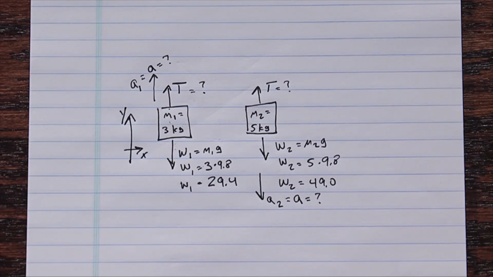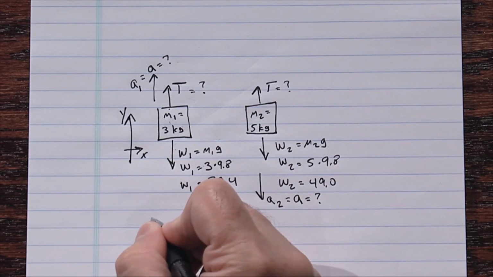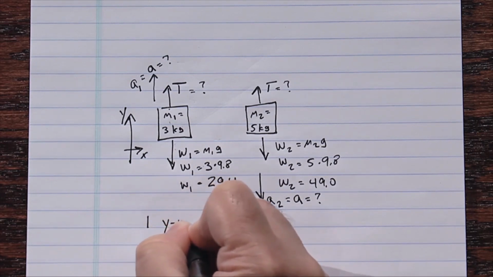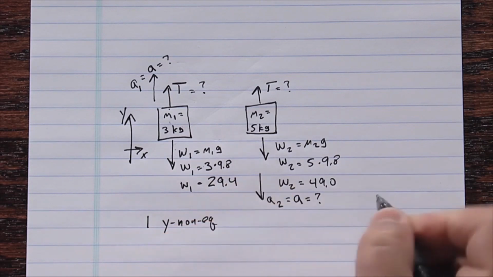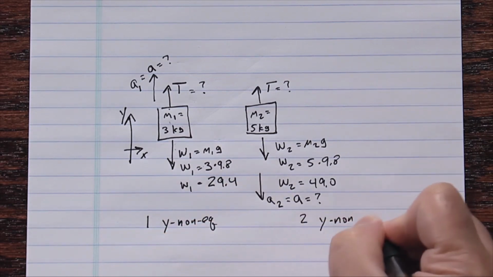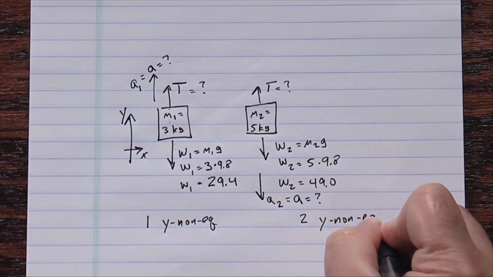The next step is to write out our starting equation, to identify the situation. Since these objects are accelerating, we have a non-equilibrium situation. So object 1 is Y non-equilibrium, and object 2 is Y non-equilibrium.